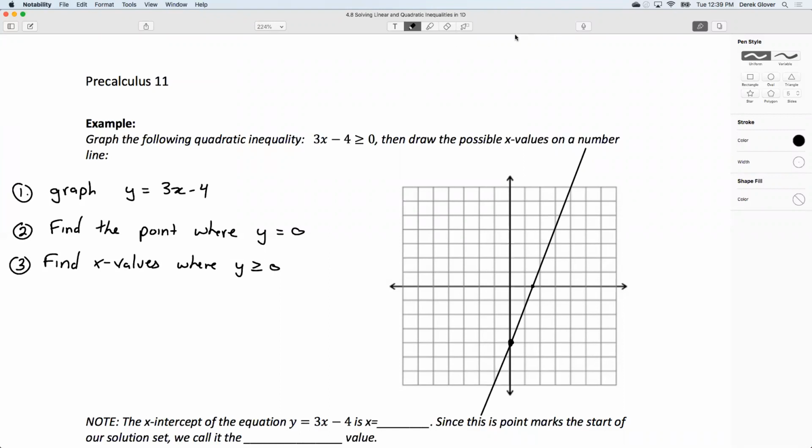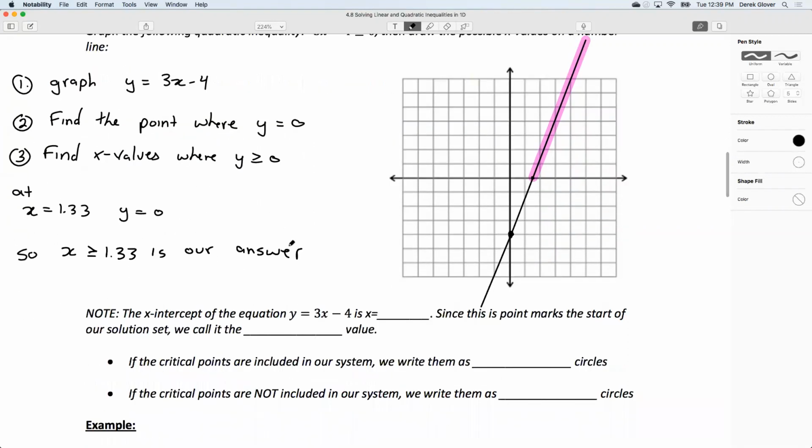We're interested in the portion where we're above 0. So we're interested in this portion. That's our answer set. And so at x equals 1.33, y equals 0. So x is greater than or equal to 1.33 is our answer.